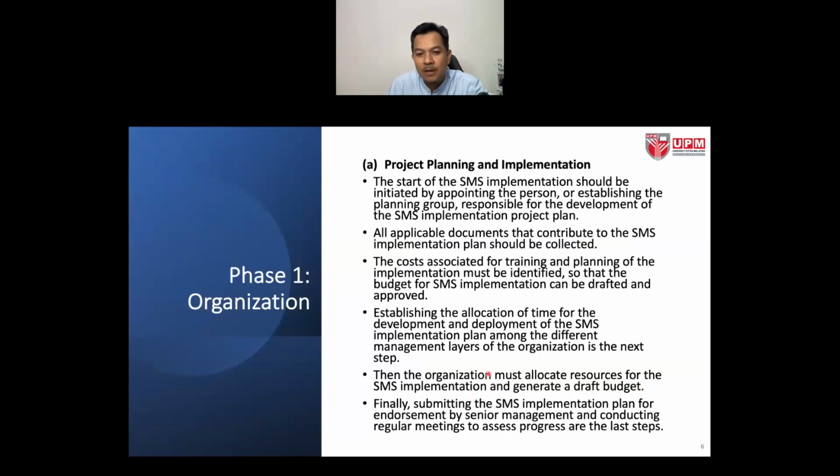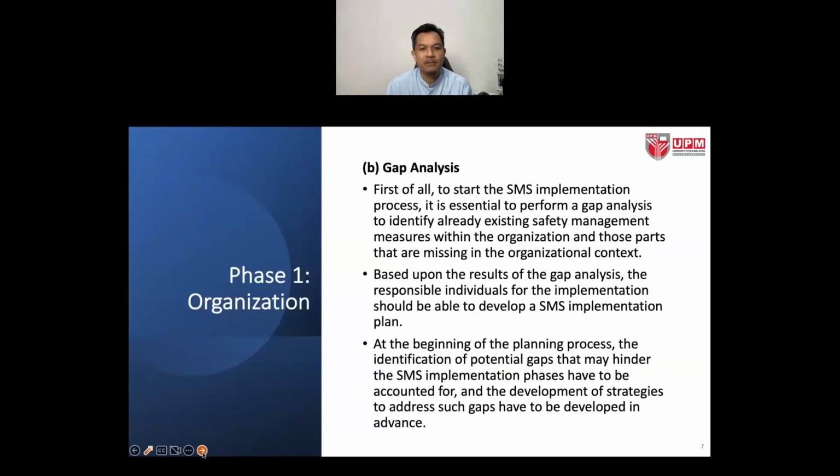So it has to be allocated in terms of how much money needs to be spent on the implementation of the SMS. Finally, submitting the SMS implementation plan for endorsement by the top management and conducting regular meetings to assess the progress are the last steps, right?